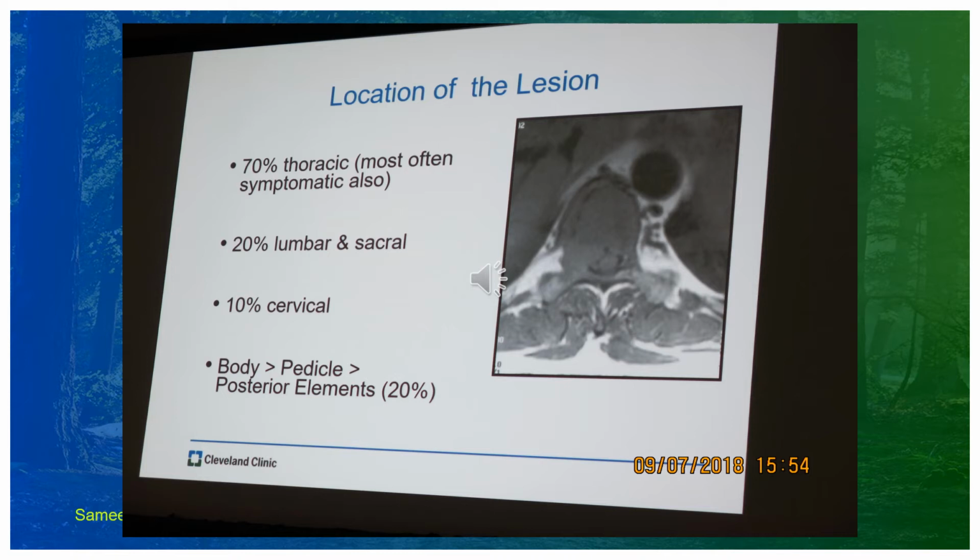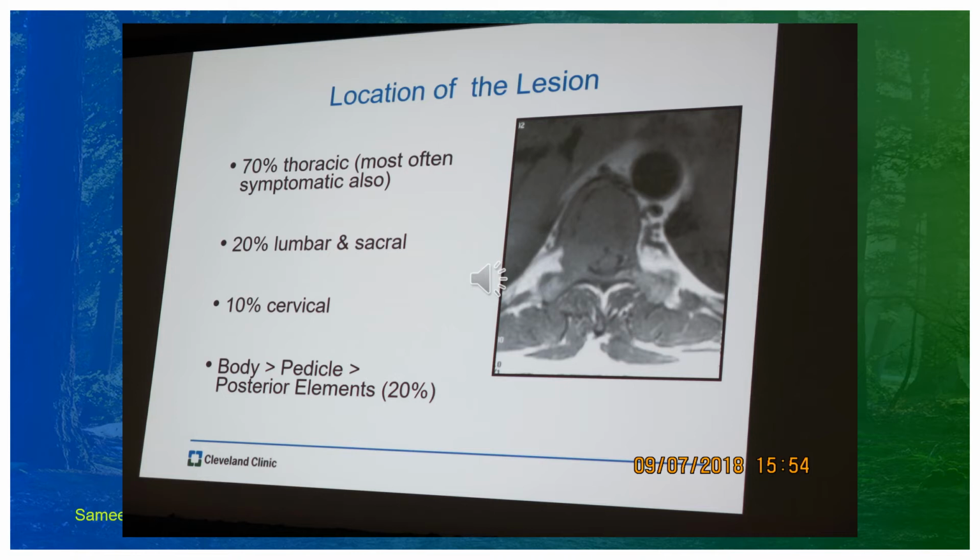So if you have pain with red flag signs in the dorsal spine or the interscapular region, an MRI should be done in this patient to rule out dorsal or thoracic spine involvement because of tumors or secondaries.